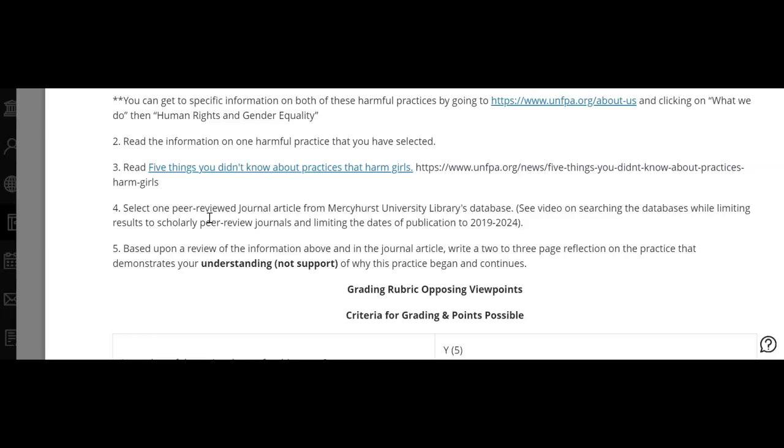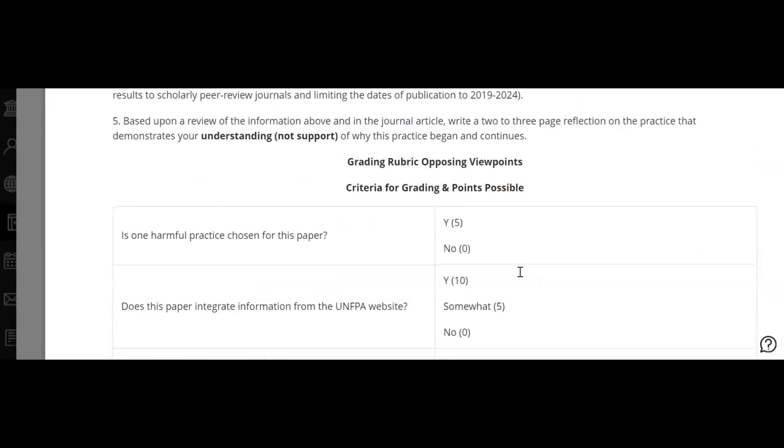I'm not saying that you should go to another website. I want you to start using the library database. And based upon a review of the information in the journal article within these years, write a 2 to 3 page reflection on the practice that demonstrates your understanding of why this practice began and continues.